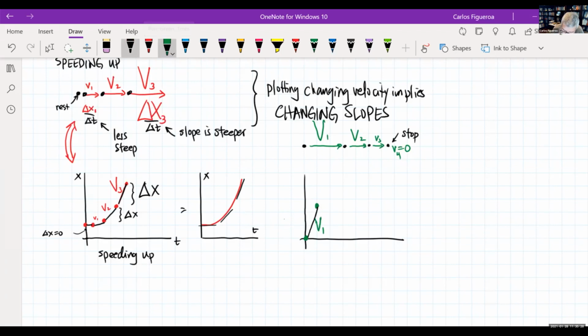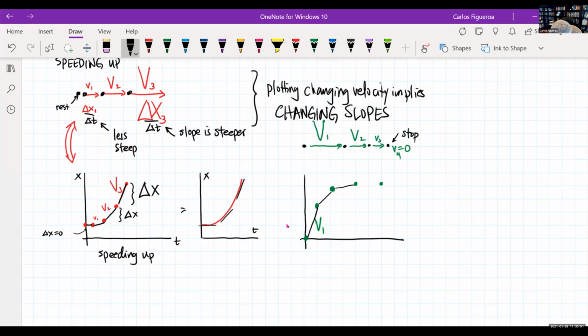Now, I'm seeing that my curve is getting less steep. So if it's getting less steep, then my next dot should be a less steep curve here. And then you can see that I can continue to do this until finally it goes flat.